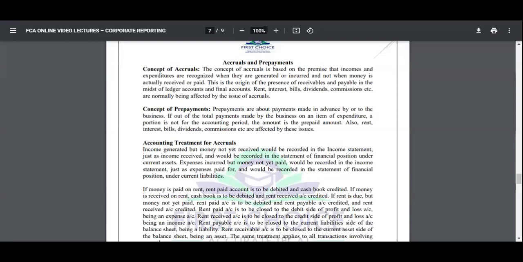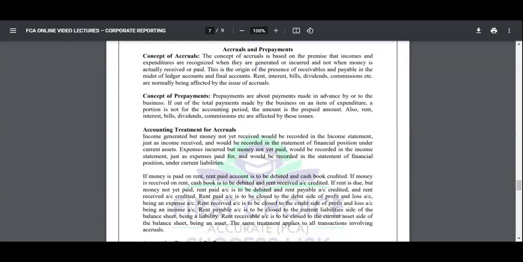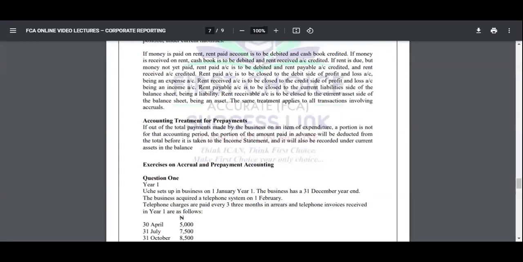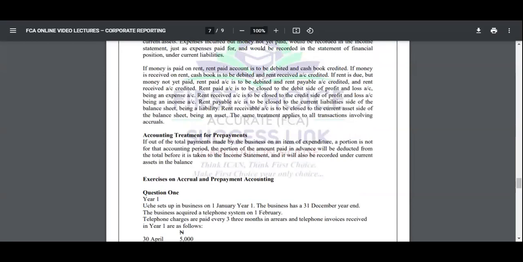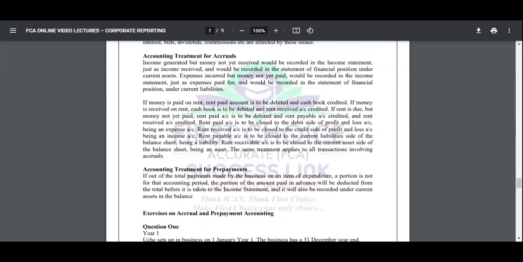If money is received on rent, the cash book is to be debited because it's the one receiving it, and rent received is to be credited.